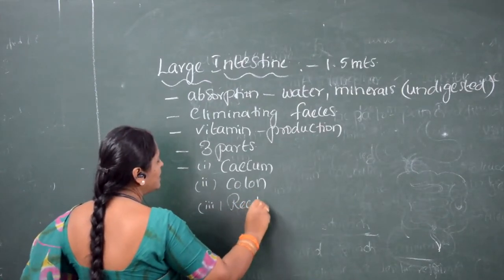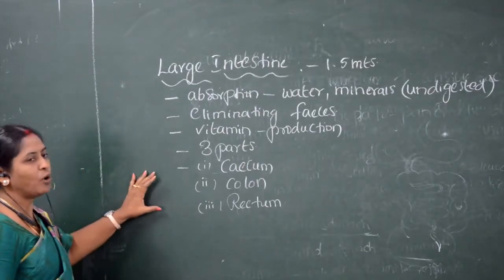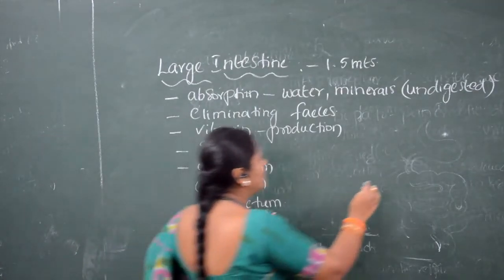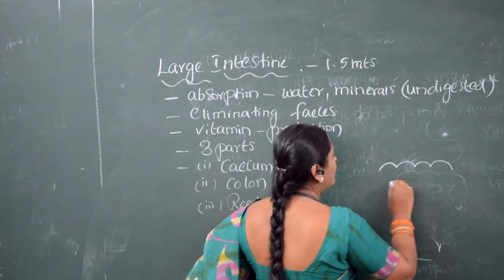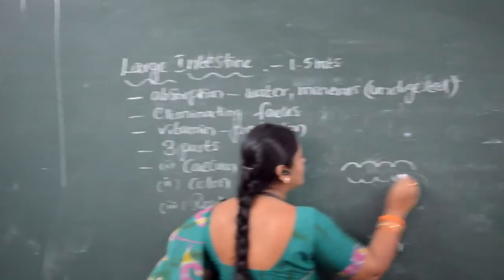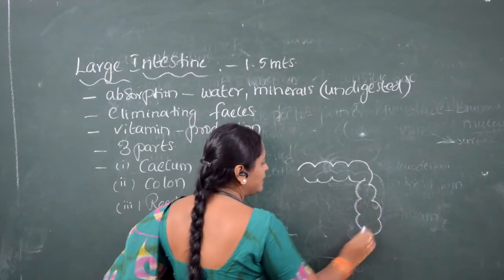So these are the three parts present in the large intestine. We will see clearly what the parts present in the large intestine are, where their location is, and what the function of these parts is.